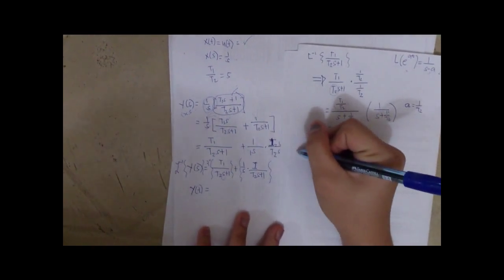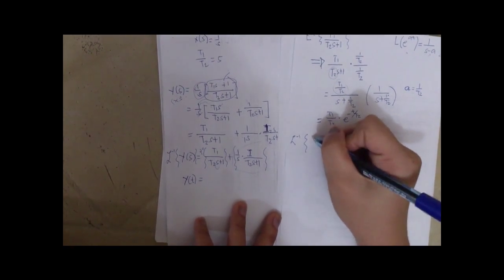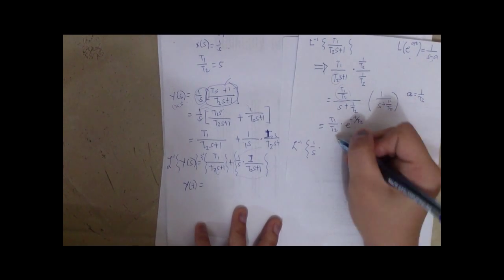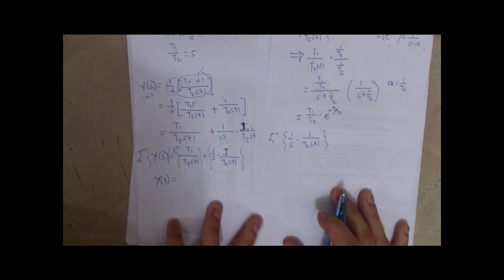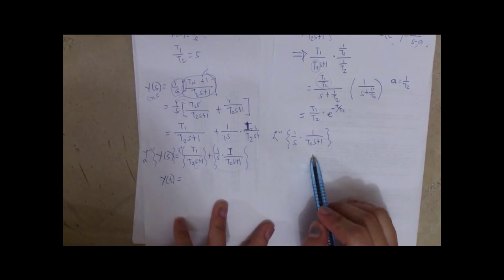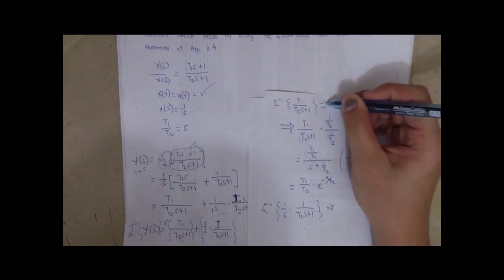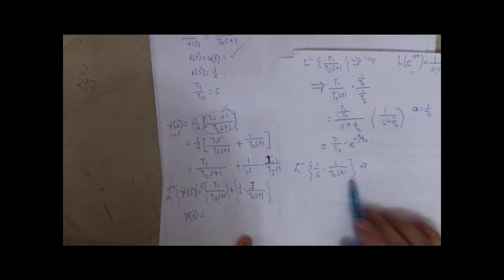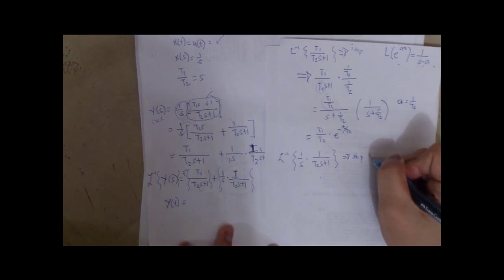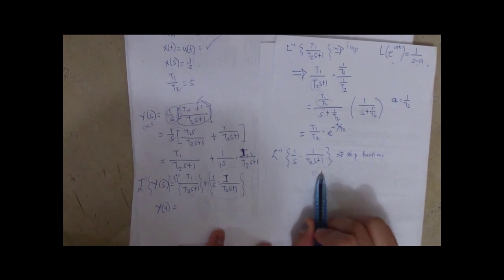Next, we take the Laplace transform of the other term: 1 over s times 1 over (T2 s plus 1). The first term was the impulse part of the equation, and this one is the step function part of the transfer function. So we need to apply the solution for a unit step function.